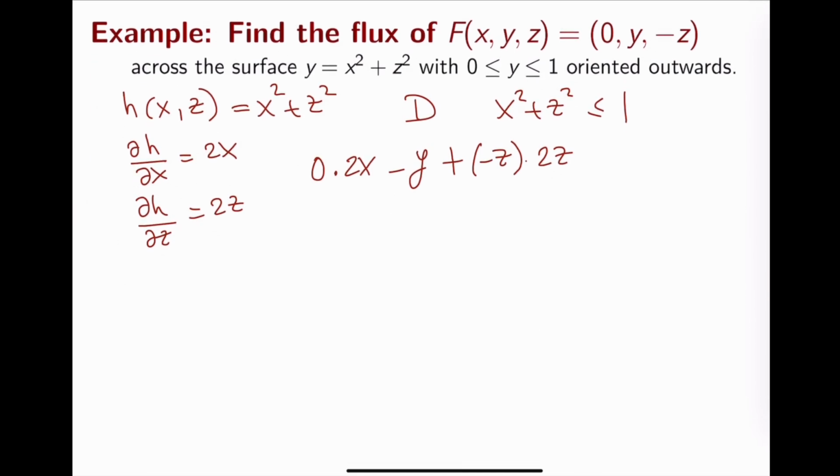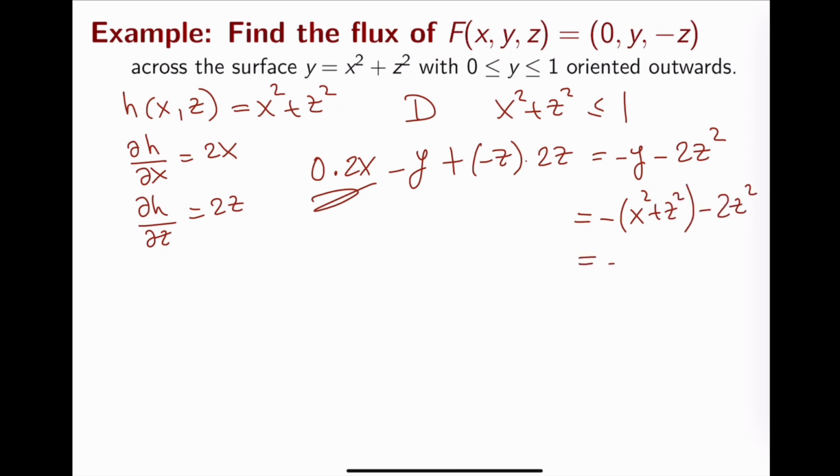So let's simplify. This part is 0, so the whole thing here is minus y minus 2z squared. Now let's write down what y is, because we know that y is equal to x squared plus z squared. So then this one is minus x squared plus z squared minus 2z squared.